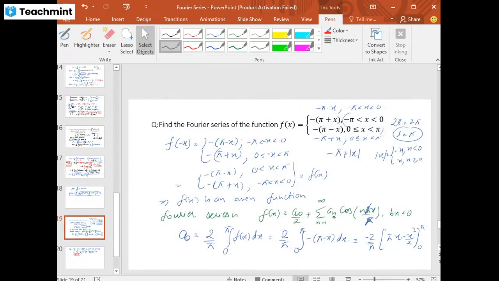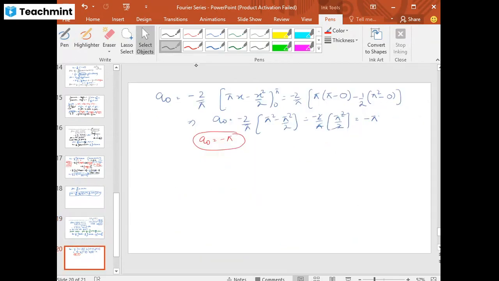Next, we need to calculate the value of an. So the formula of an is 2 upon pi, 0 to pi, f of x into cos of nx, because in this formula we are using L equal to pi only.